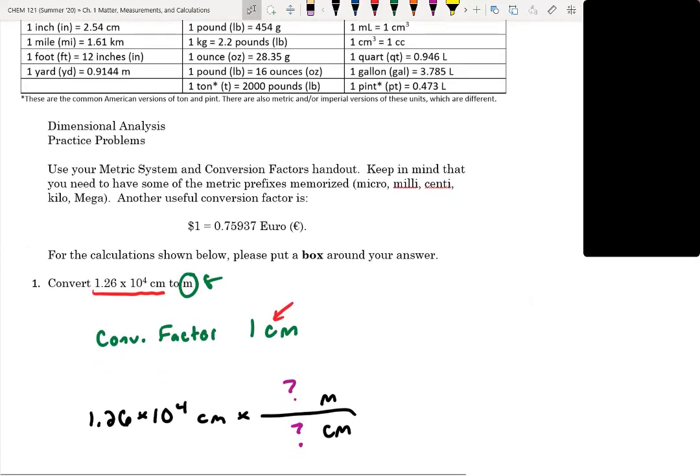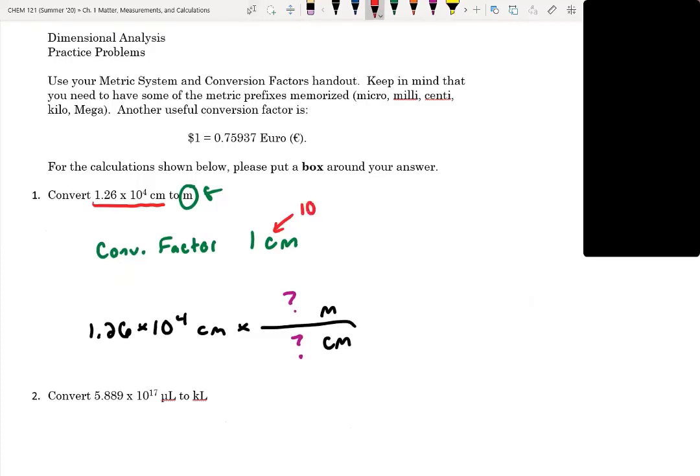So centi is basically like saying 10 to the negative 2 meters. So we can rewrite this and say 1 centimeter is the same thing as 10 to the negative 2 meters, because really all this is doing is being equivalent to that. Make sense so far? I know it's kind of hard being online, but we'll go ahead and plug this in.